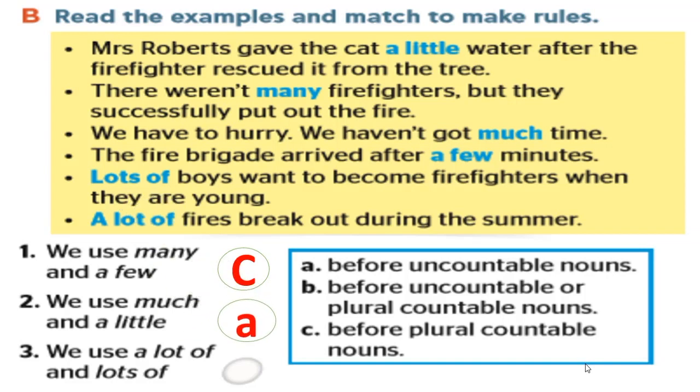Before uncountable nouns. Much tea, much water, much honey, a little tea, a little salt. We use a lot of and lots of, yes, before uncountable or plural countable nouns.